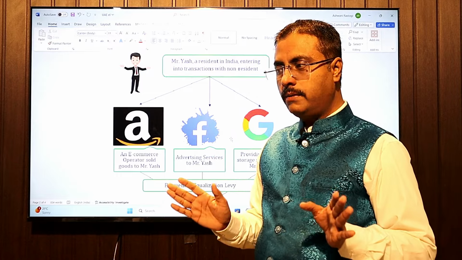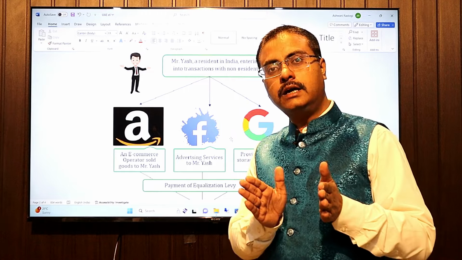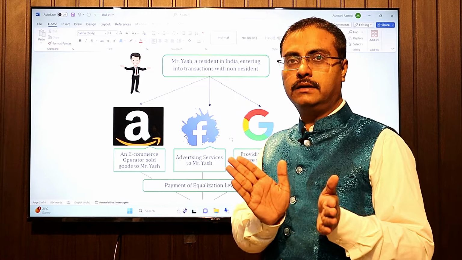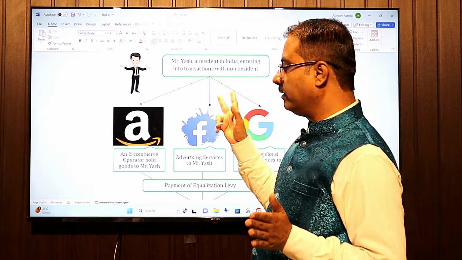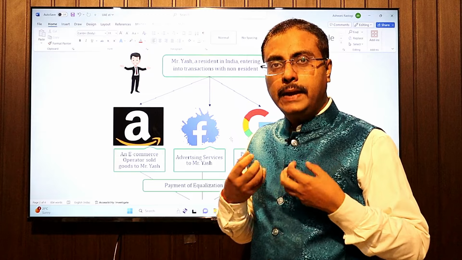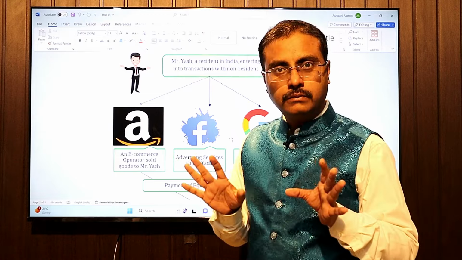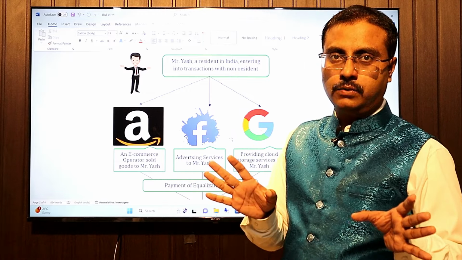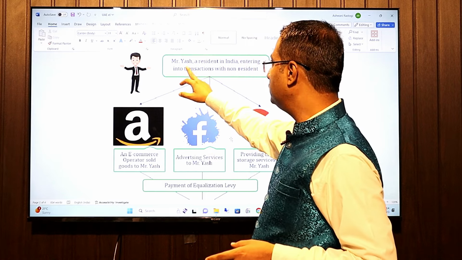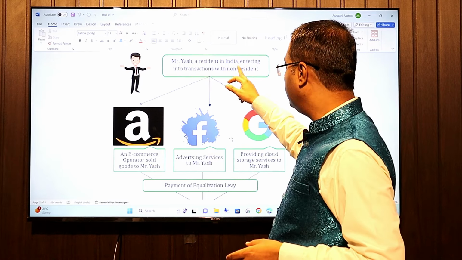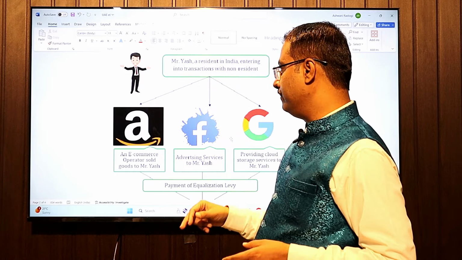So it is clear from here that equalization levy of 6% is deducted by the person who is making the payment. Equalization levy of 2% is paid by the e-commerce operator itself, not withheld by the other person who is paying for the services. In my example, Mr. Yash is resident in India, entering into a transaction with non-resident Amazon.com.